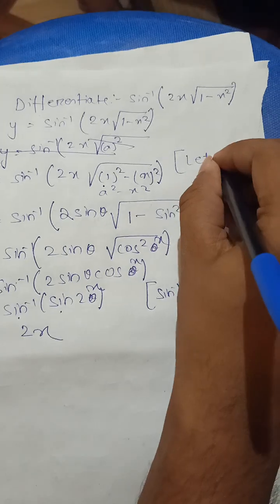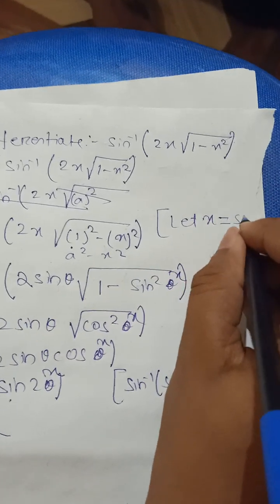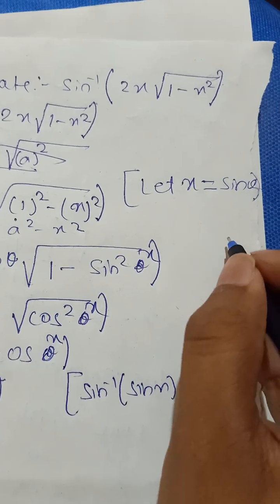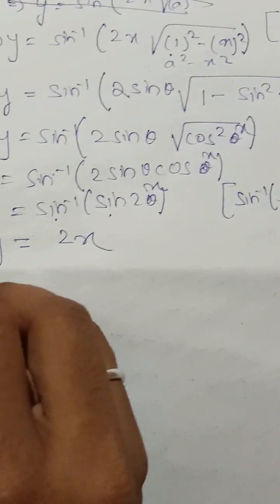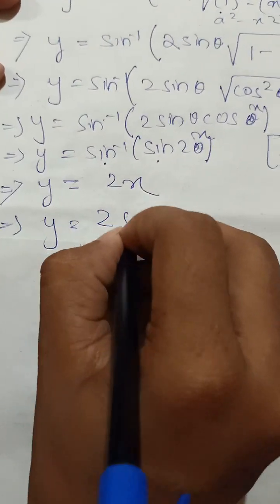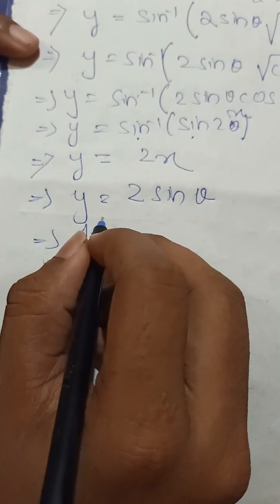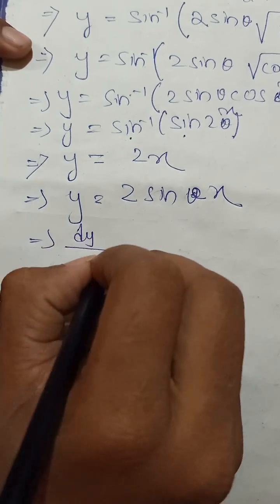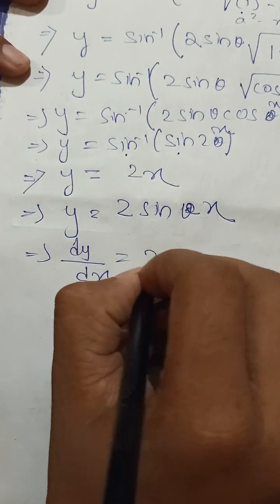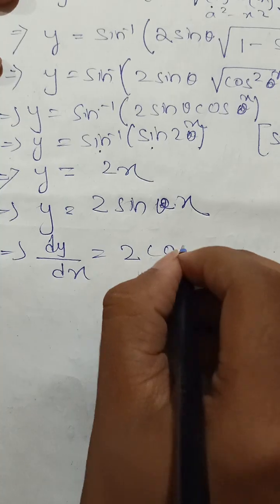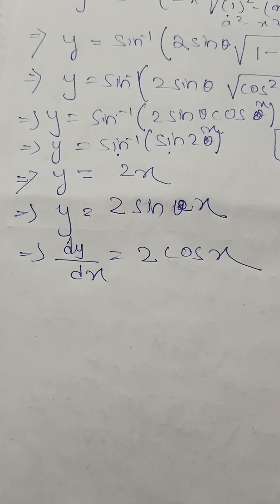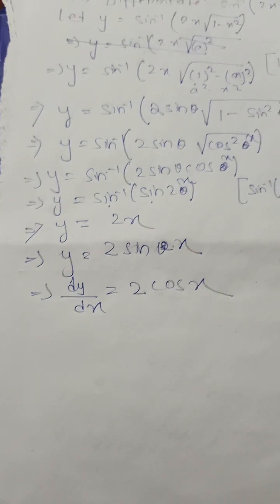You have to write, let x equals sin theta. So y equals 2 sin theta. Then differentiating both sides with respect to x, dy by dx equals 2 times d by dx of sin x, which is cos x. Okay. First write, then I will explain.